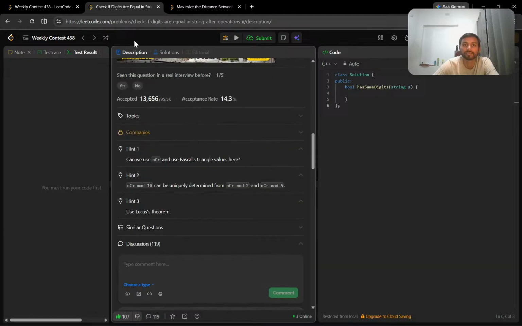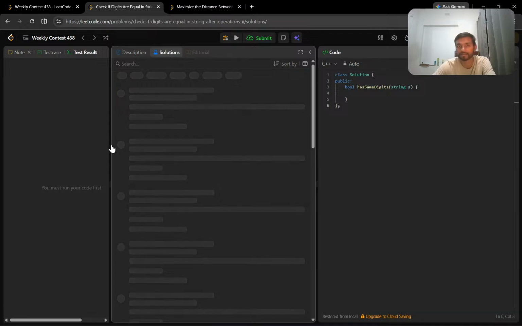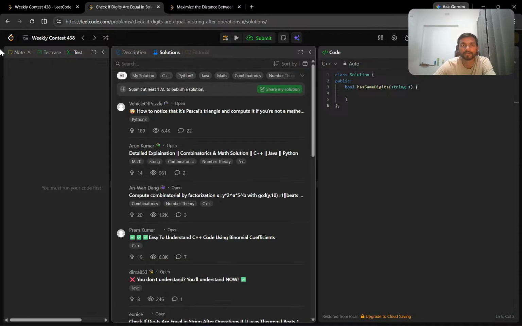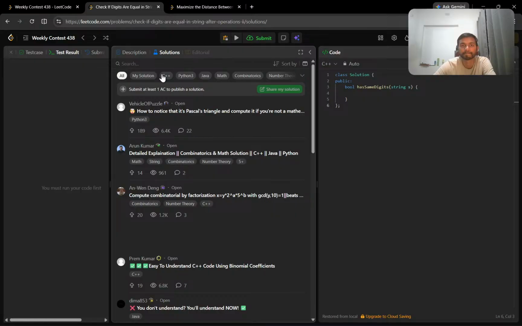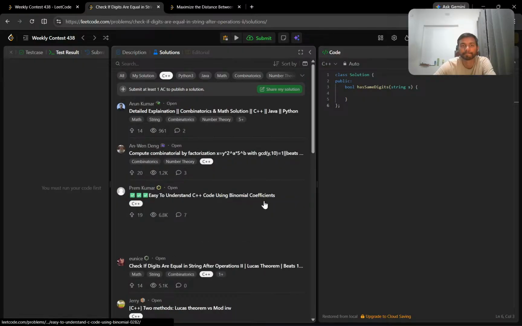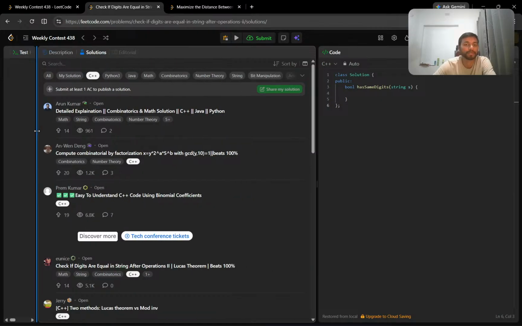I think I should directly look for the solution because this requires Lucas theorem and that sort of thing. I'm not going to take the example, like a direct solution.